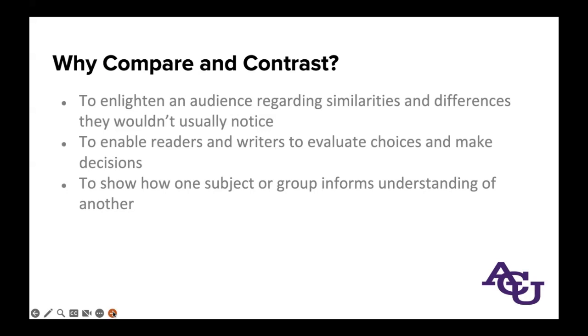So for this assignment, you're limited. Okay, you're limited to comparing and contrasting family resilience in times of conflict. That's it. On the other hand, we at the ACU Online Writing Center, we don't deal with limitations.